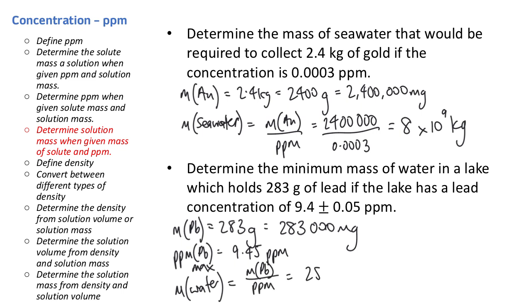So 283,000 over 9.45, which happens to be 29947. And what's the unit? Kilograms. So that is parts per million. You just have to be able to rearrange the parts per million equation, and it is in the data sheet, and you need to remember the specific units and how to convert from and to those units. Let's have a go at the next bit.